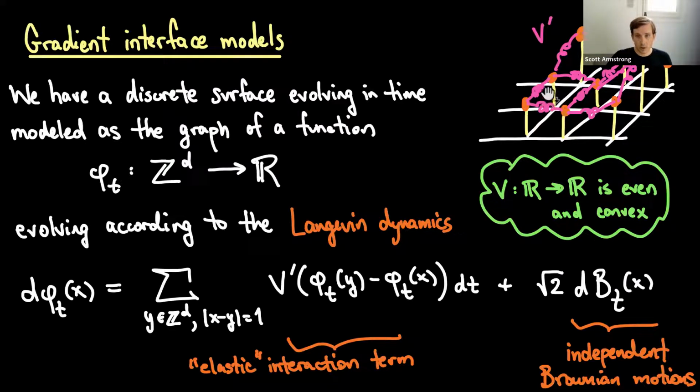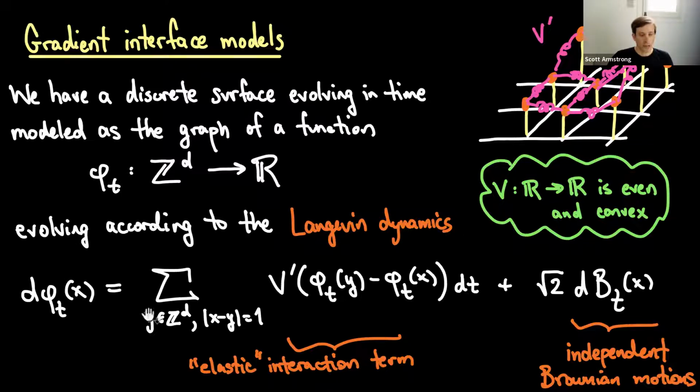But the particles are also connected by little springs to their nearest neighbors, and those springs exert an elastic force. So it's not just infinitely many independent Brownian motions. That would be boring. There's some coupling, of course, and the coupling is given by this potential V.